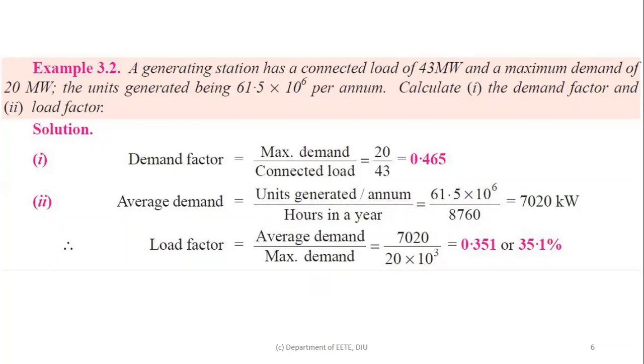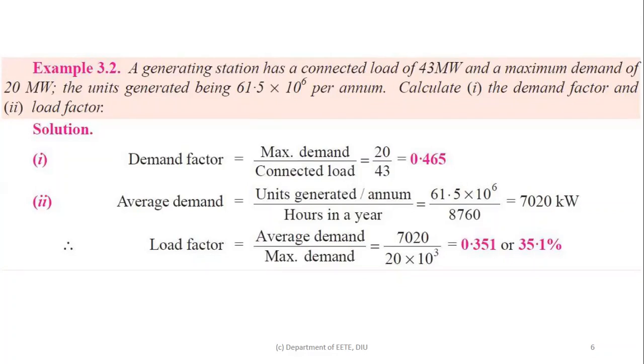So how do we find the average demand? One more piece of information is given: units generated per annum, that means per year. In a year, this amount of electricity, 61.5 × 10^6 units, is generated.